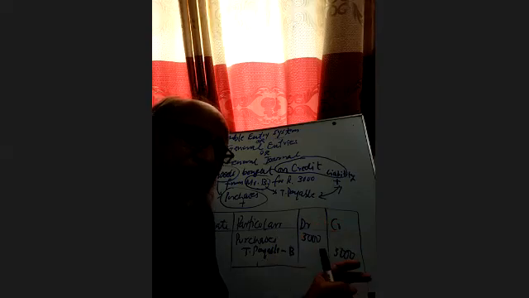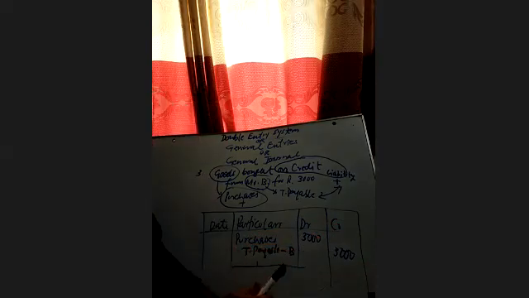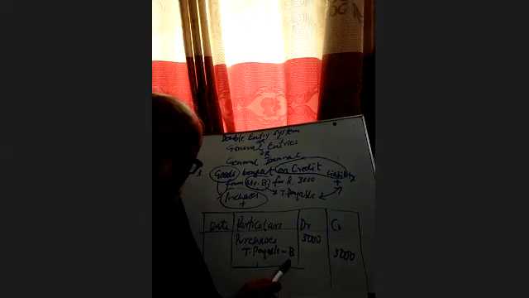So in accounting we write the title trade payable, and with trade payable we write the name of the party from whom we have bought goods. Here we have bought goods from Mr. B. The title is trade payable.